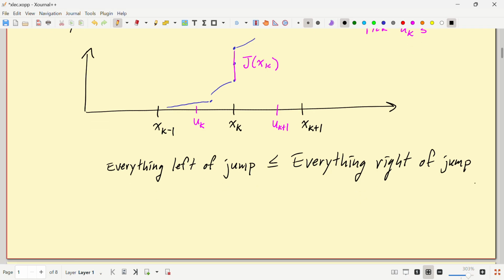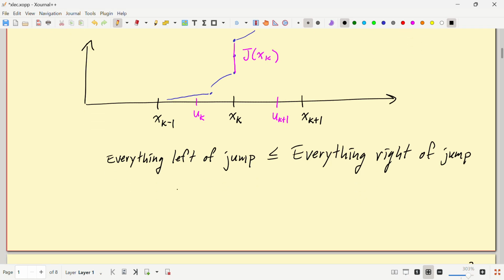So in particular, f of uk would be less than or equal to the sup of everything less than c, okay, and we know that's less than or equal to the inf for x bigger than c, f of x.